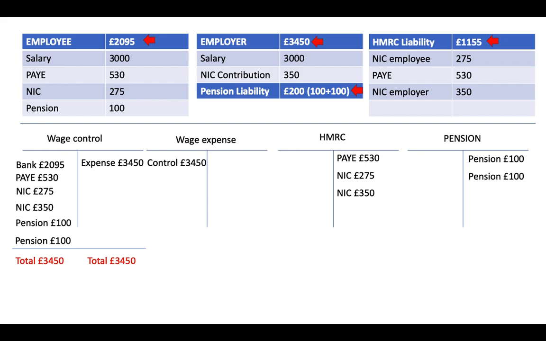If we just want to double check our HMRC account, these figures here in the credit, the liabilities add up to 1,155. We've already totted that up, so we do know that that is correct. And the same with our pensions. £200 in pensions corresponds with our earlier figures here. So yeah, that is how your ledger account should look after that payroll transaction.